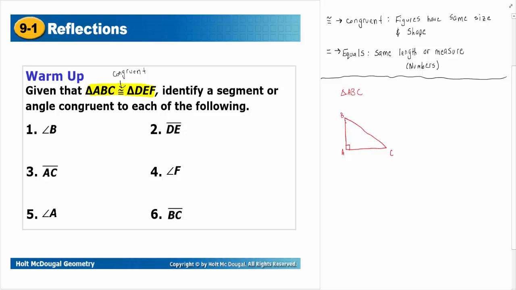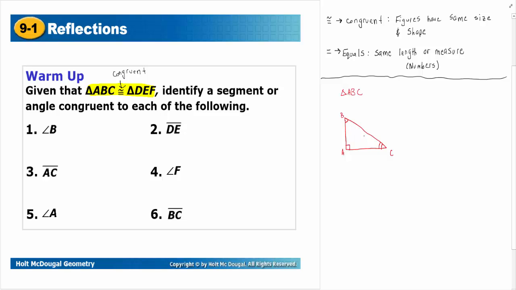To keep track of our angles, I'm going to use one arc to mark angle B. So it has a measure, but I'm going to use two arcs to mark angle C. What I'm trying to say here is that angle B and angle C are not congruent angles, which means they don't have equal measures. Those mean two separate things, but I can talk about them together.